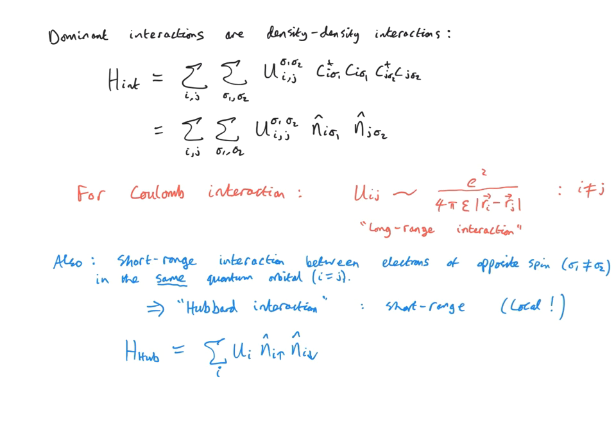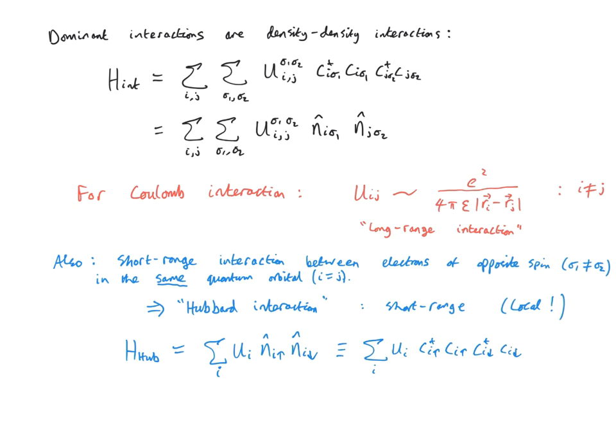And we can write that, of course, in terms of creation and destruction operators, and it's just a 4-fermion term: c_i up dagger c_i up c_i down dagger c_i down.